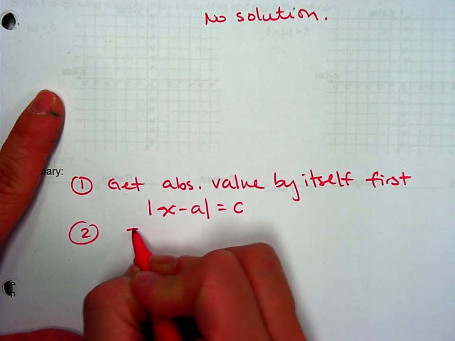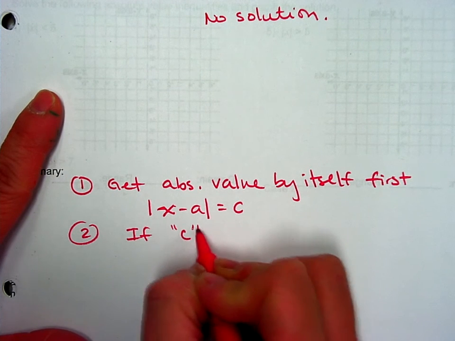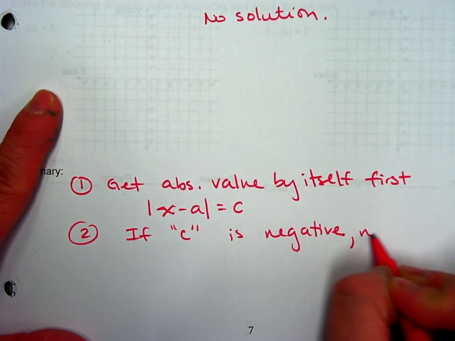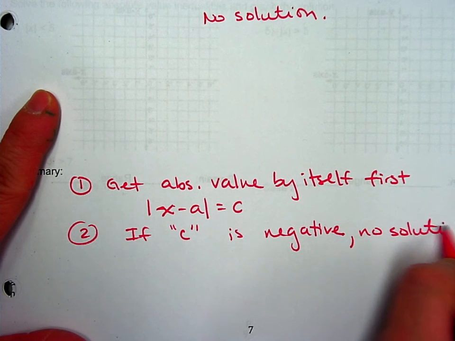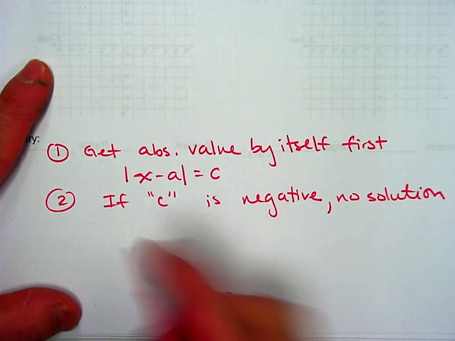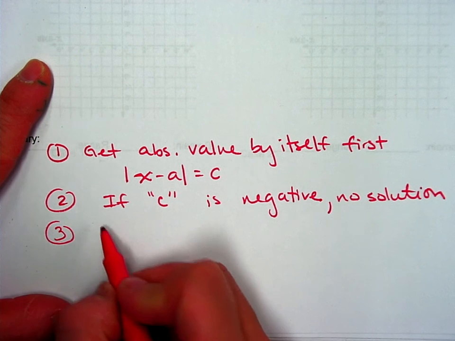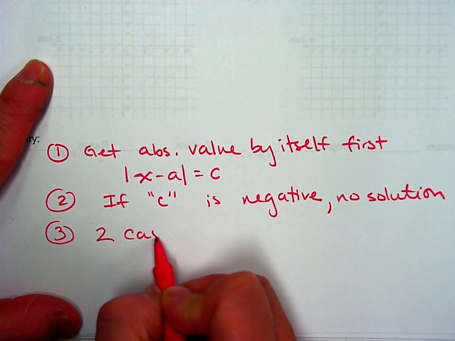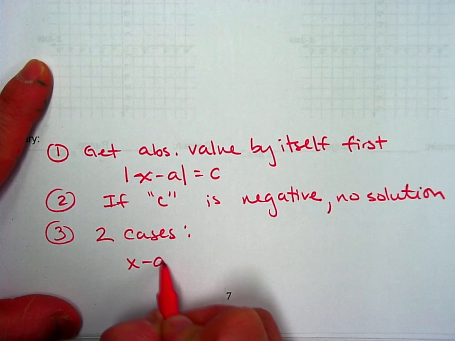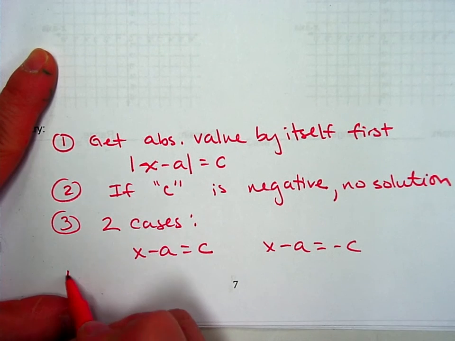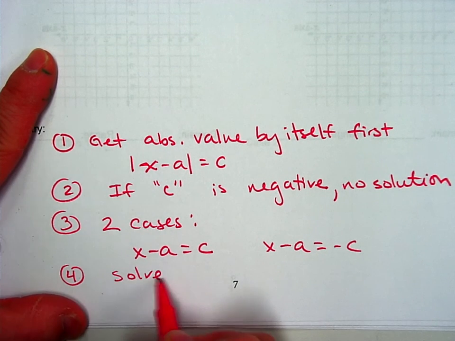If this number c is negative, this is a no solution. You're done. Okay, if that c is not negative, then you must set up your two cases, which are x minus a equals c, and x minus a equals negative c, and then you're going to go ahead and solve for x to get your two answers.